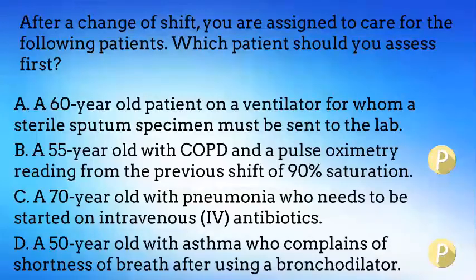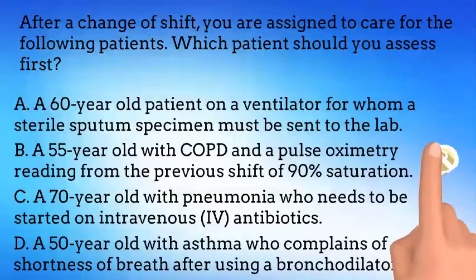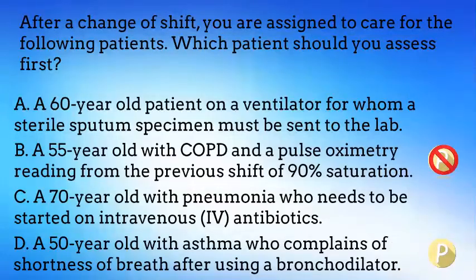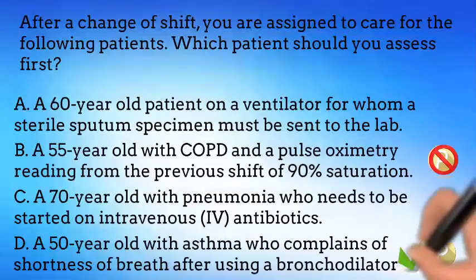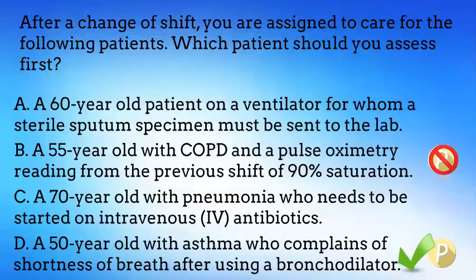We decided that option B was about breathing and option D is about airway. Airway trumps breathing every day of the week. Therefore, our correct choice here is D, the 50-year-old with asthma who complains of shortness of breath after using the bronchodilator. This is the patient we would see first.